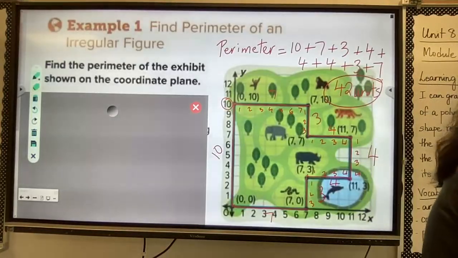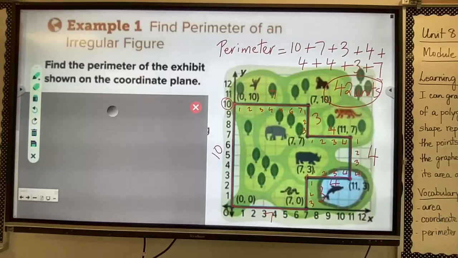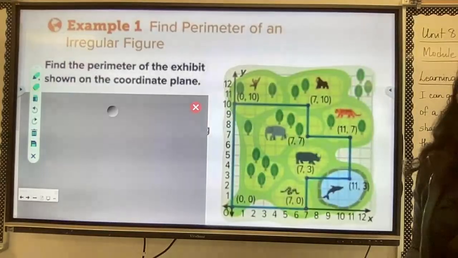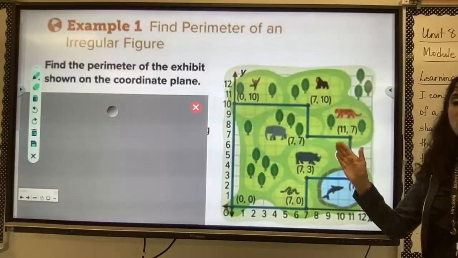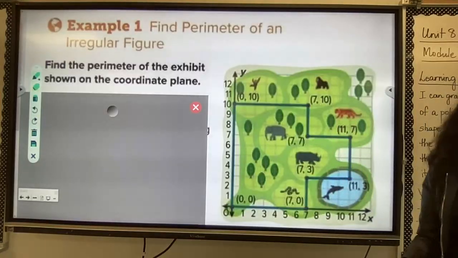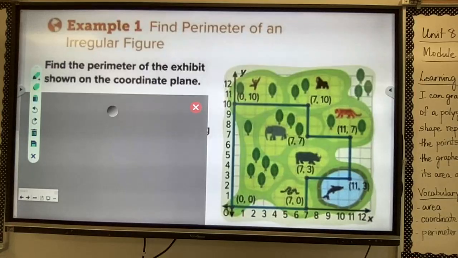All right? And then once again, the other method is what I had just shown you earlier, and that is taking the absolute values and subtracting, and I can do the horizontal line segments or the vertical line segments. The first method I showed you was counting it all around. The other method is using the coordinates to find the distance.